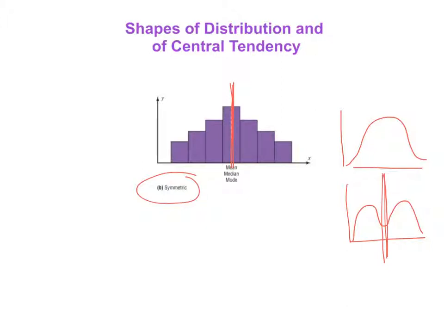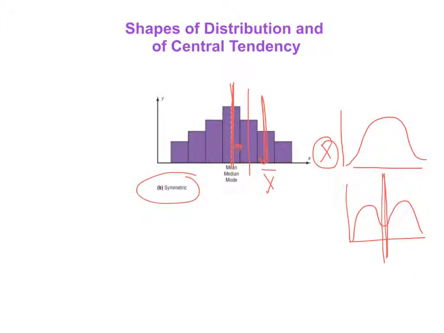Now imagine for a minute that you added another point right over here. What would happen to the mean? The mean would move up over here. This is where the mean would be. The median would stay about the same, and so would the mode. The median might move a little bit this way.